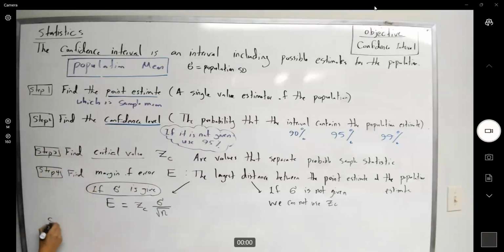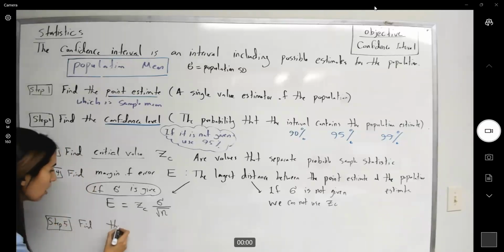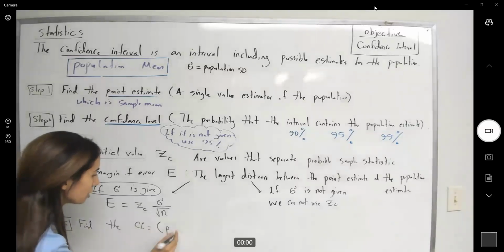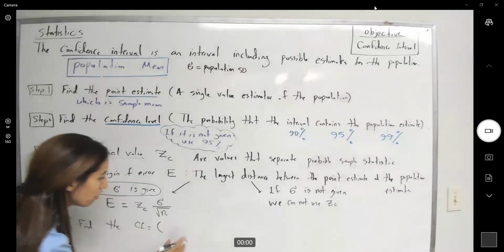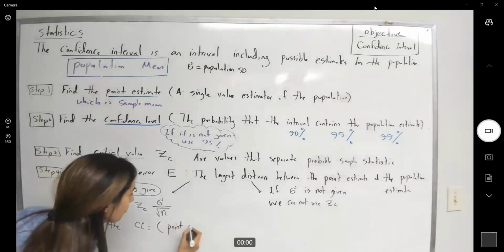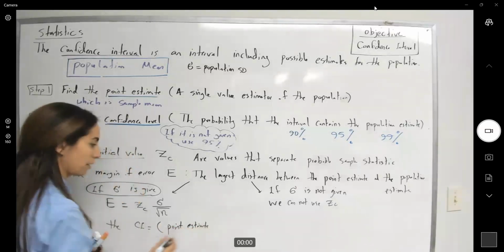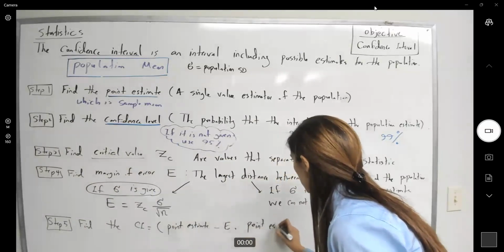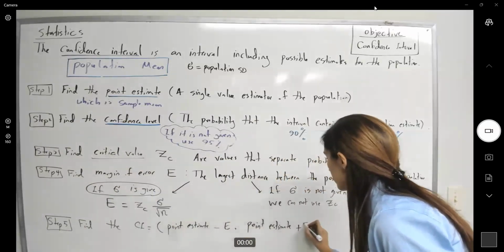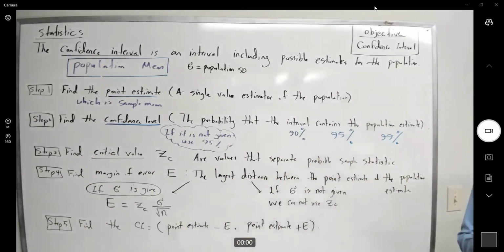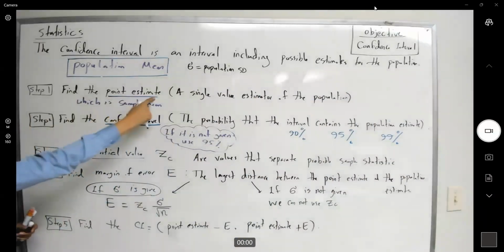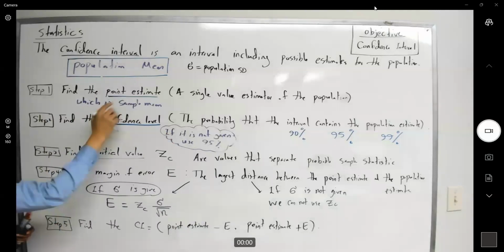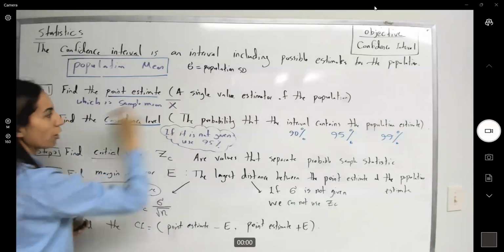And finally, in the last step, step 5, find the confidence interval, which is your point estimate minus margin of error, comma, point estimate plus margin of error. So step by step. Find point estimate, which is sample mean, X bar.